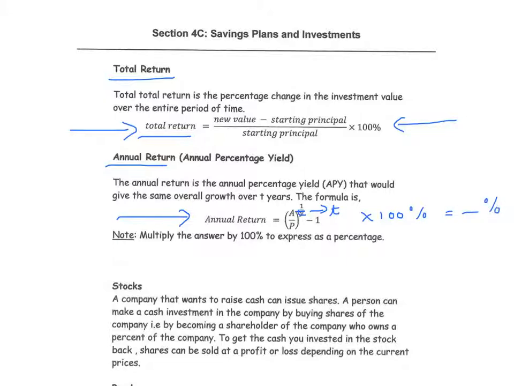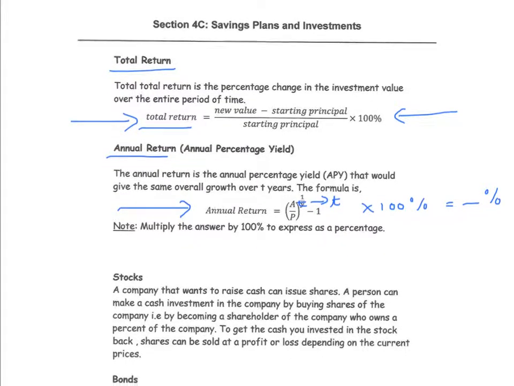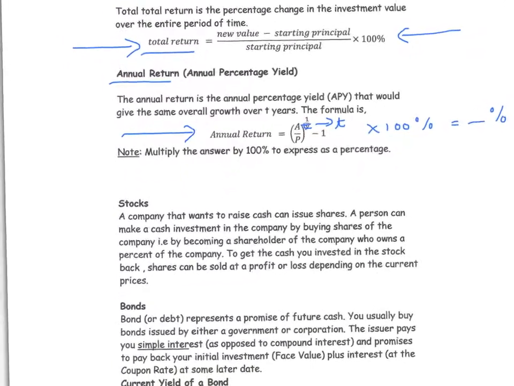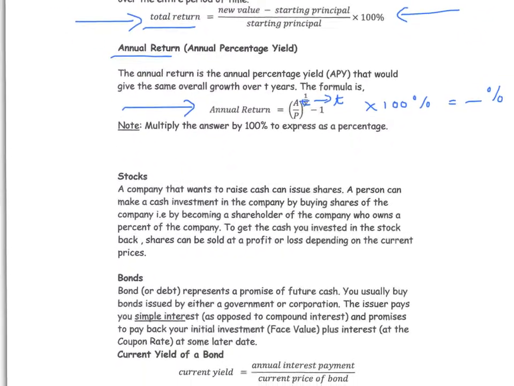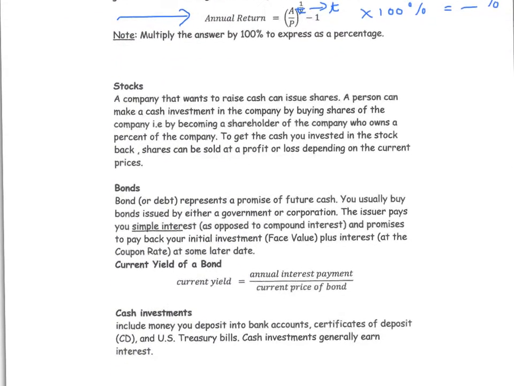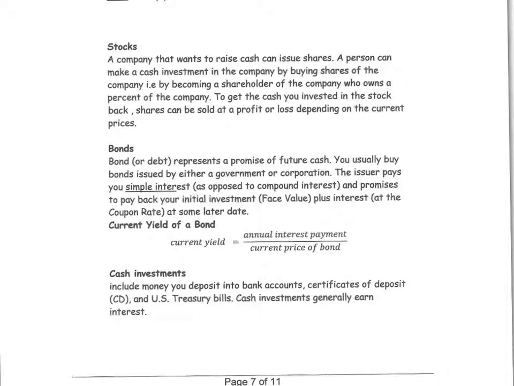Now, another type of investment of money, and we've seen different types of investments so far in sections 4B and 4C, is investment in the form of stocks. If a company needs money for some reason, they raise that amount of money by issuing shares.